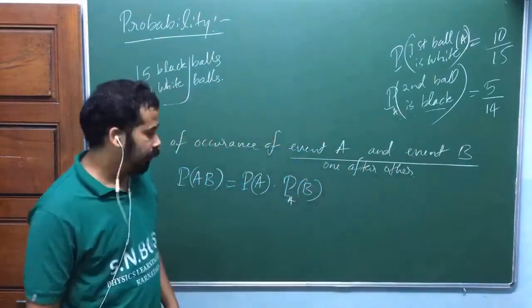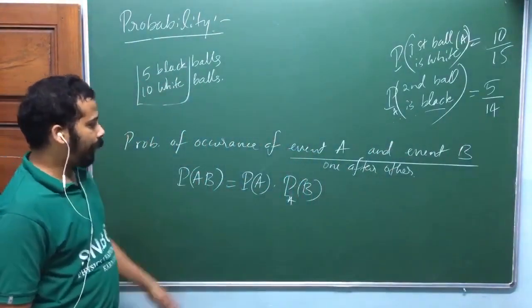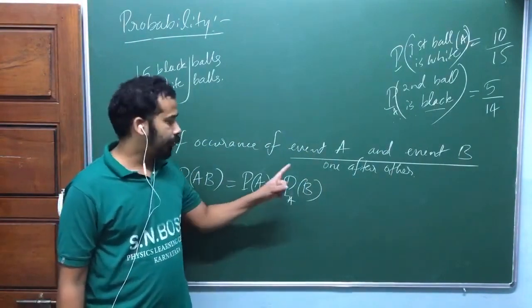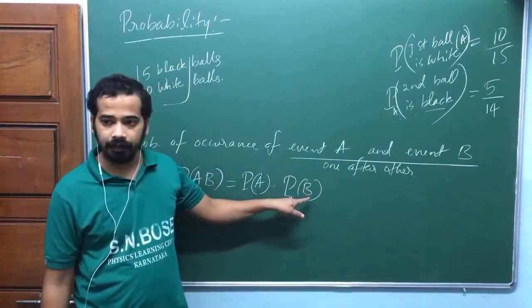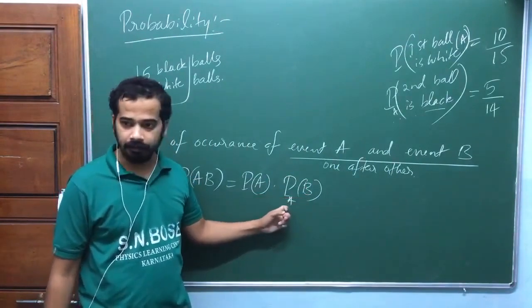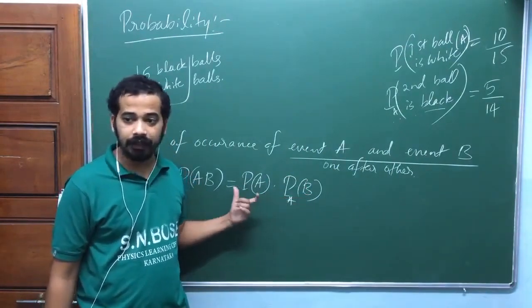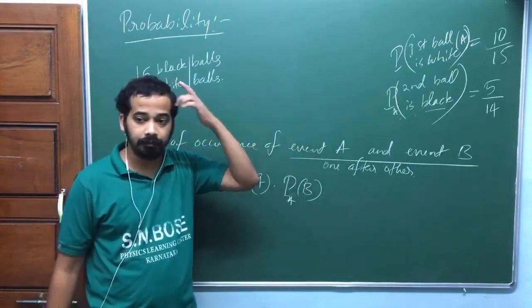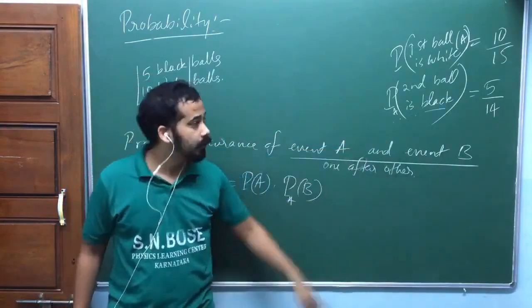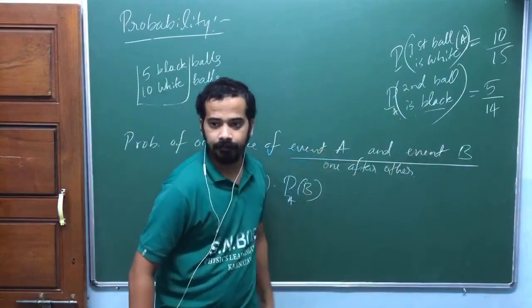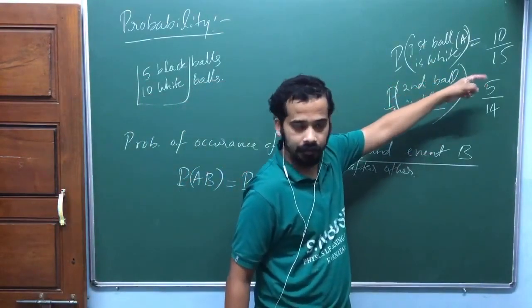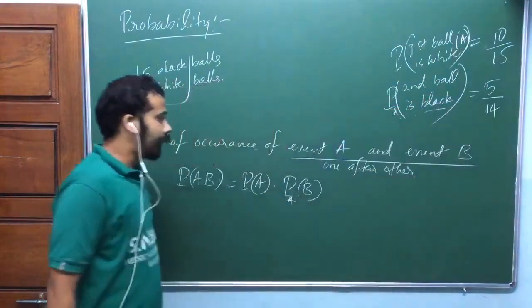Now that's equal to probability of occurrence of event A into probability of occurrence of event B, knowing that A has happened, because event A may affect the probability of B, just like here, isn't it? This event is decreasing number of balls here, isn't it? That's why exactly the same idea.